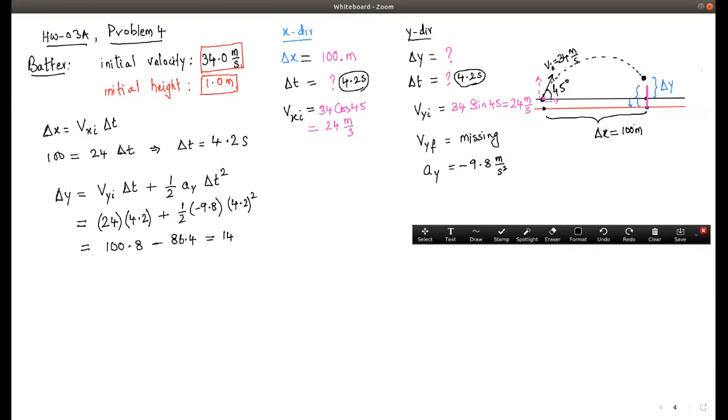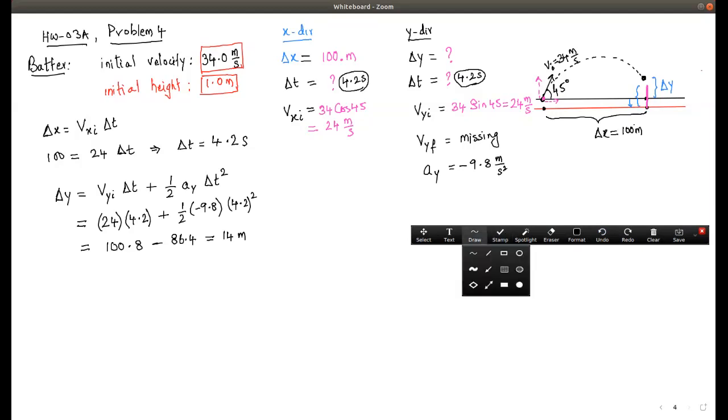It's 14.4, but we are working in 2 significant digits, so it is 14 meters.